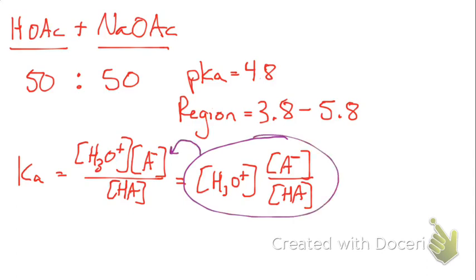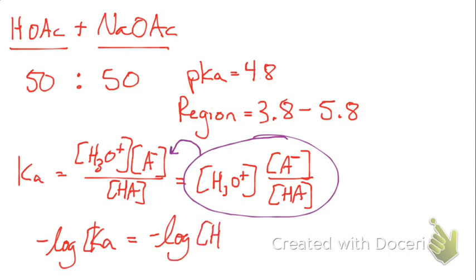So what we're going to do is take the negative logs of everything. Negative log of Ka equals negative log of H3O plus, minus log of A minus over HA.